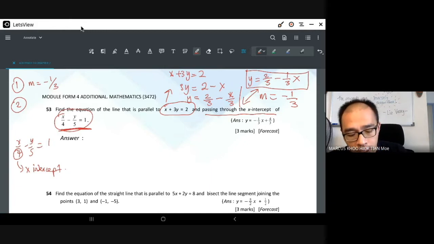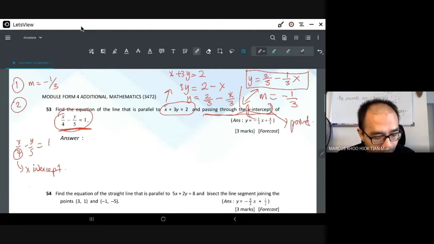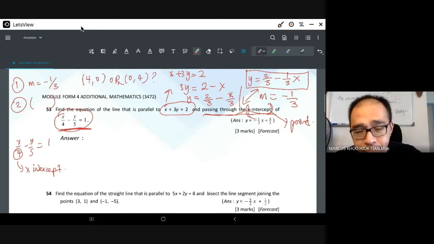So if it is passing through the x-intercept, this x-intercept is our point. If the x-intercept is 4, what is my coordinate? Can anybody tell me? If the x-intercept is 4, it is (4, 0). Be very careful, so (4, 0).